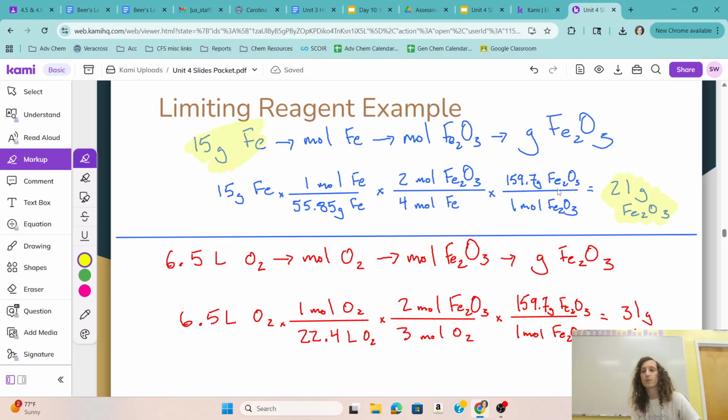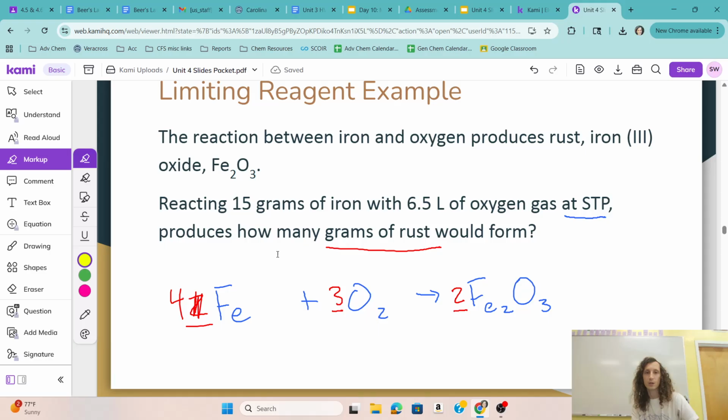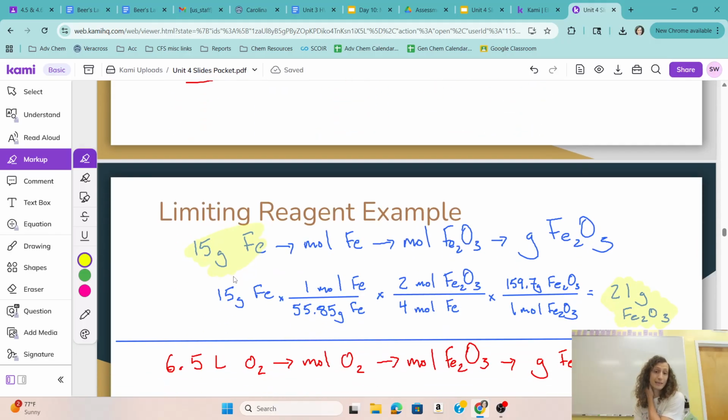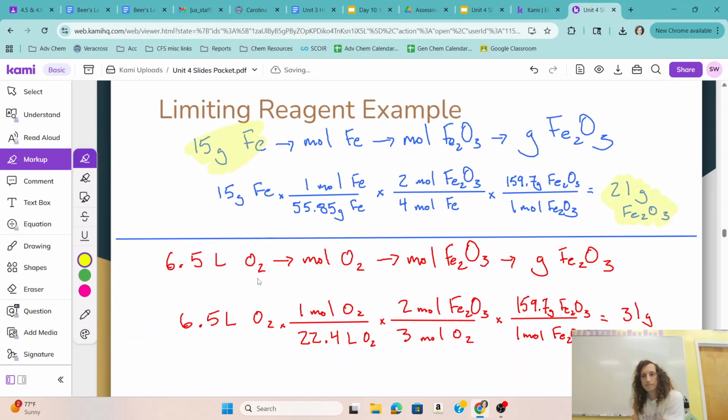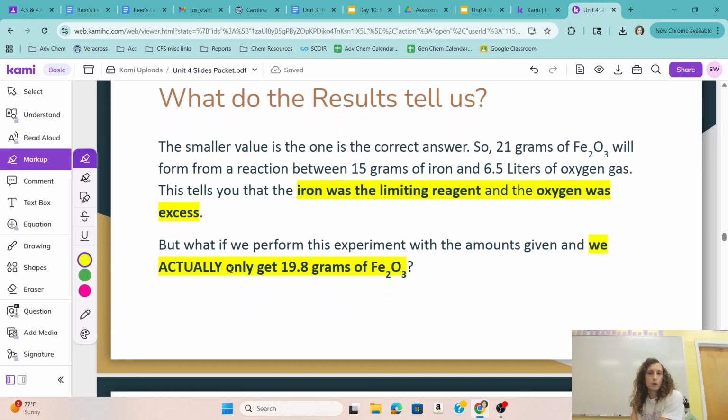So 21 grams of rust is how much I can actually form, and that was the question. How many grams of rust would form? We could also ask, just what is the limiting reactant? So iron is the limiting reactant here. Okay. So yeah, that's what's happening there.